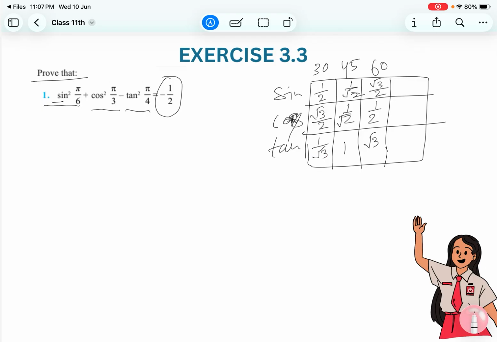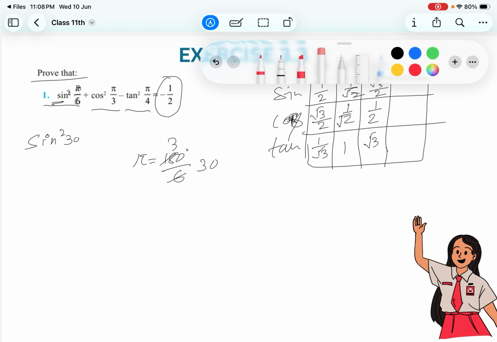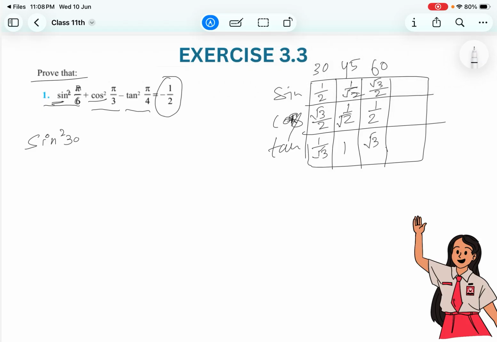So it's given sine square pi by 6. We know pi equals 180 degree, so 180 degree by 6, 6 threes are 18, so it will be 30 degree. So it means sine square 30 degree, right? Let me just clear this. Okay, the second one, plus cos square pi by 3.